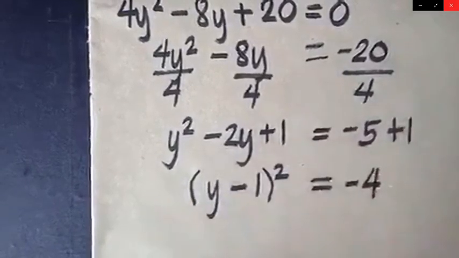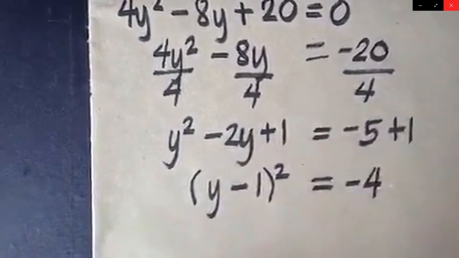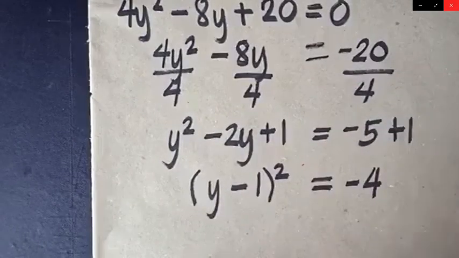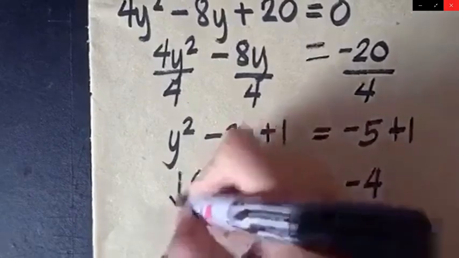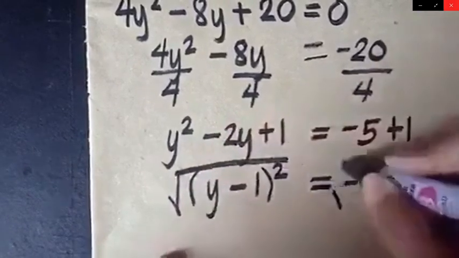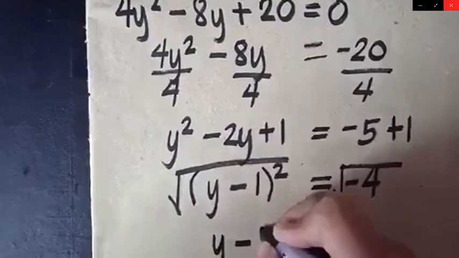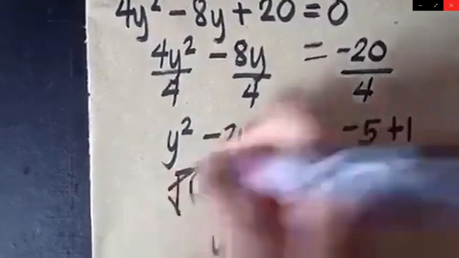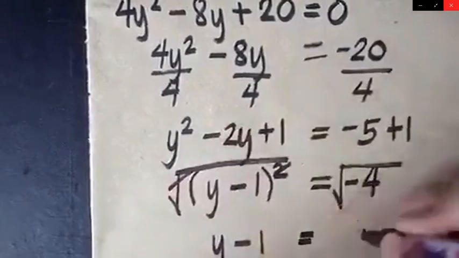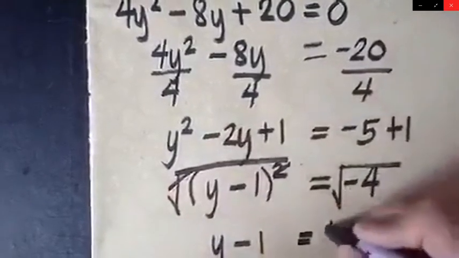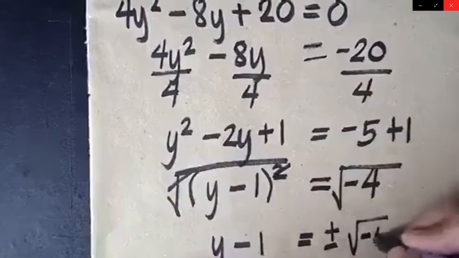Okay? Next, we are going to take the square root of both sides of our equation. So we are going to take the square root of both sides. So we have y minus 1. Cancelled kasi ito. Okay? Well, here you have plus and minus the square root of negative 4.